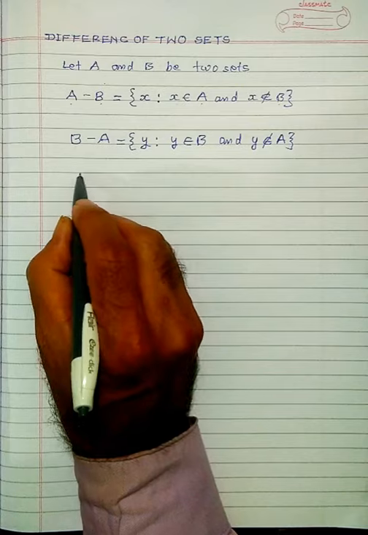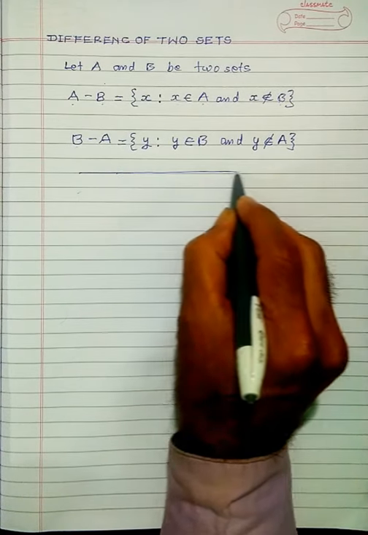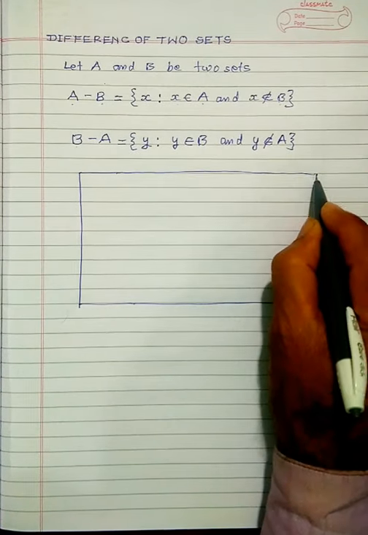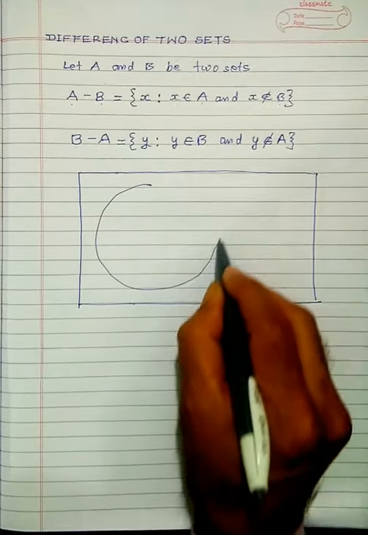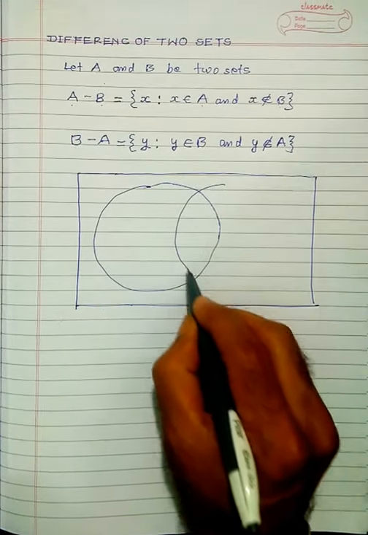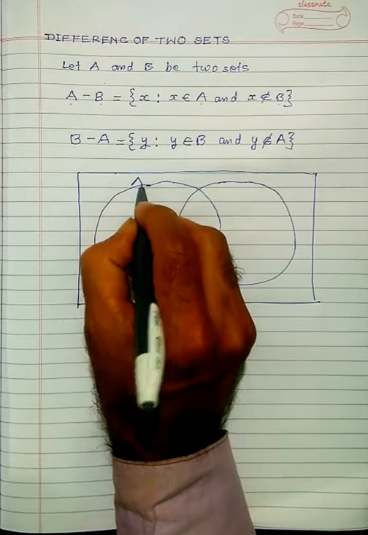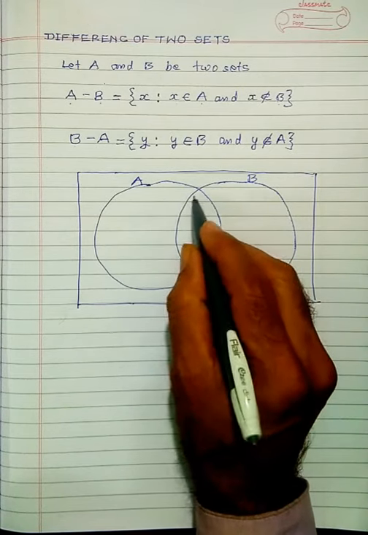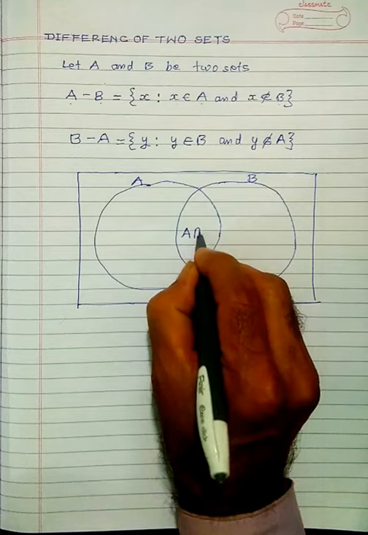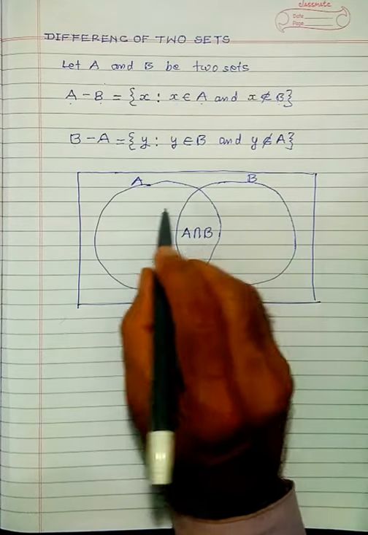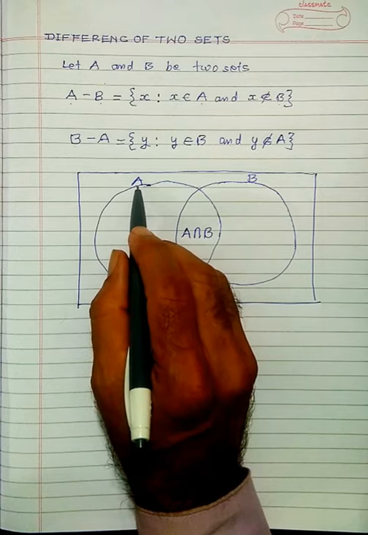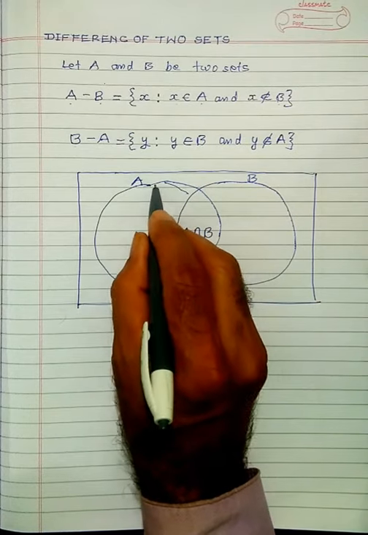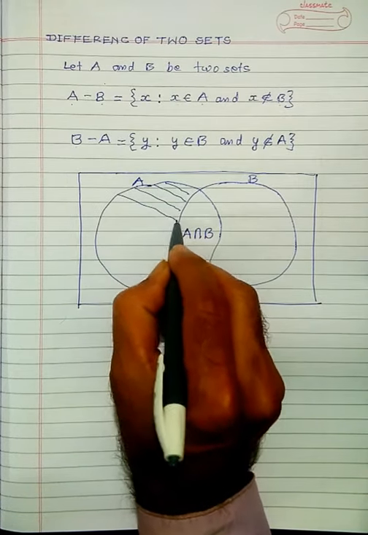To make it more clear, we use a Venn diagram. Suppose this is the universal set, and this is set A, and this is set B. And we know that this region which is common in both is A intersection B. Then those elements of set A which are not in B will be represented by this shaded region.